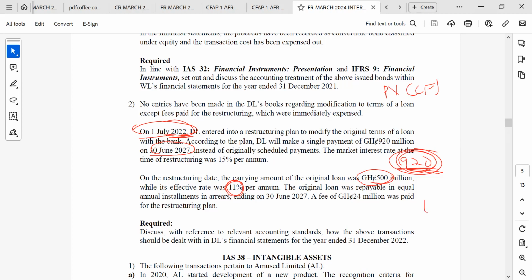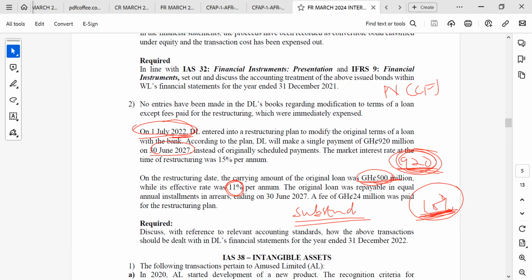If the difference is more than 10%, then the modification is considered to be substantial. If it is substantial, what happens? We de-recognize the old loan. We remove the old loan from the books and now recognize a gain or loss on the new loan, which is the present value of the new loan. That is what we do.